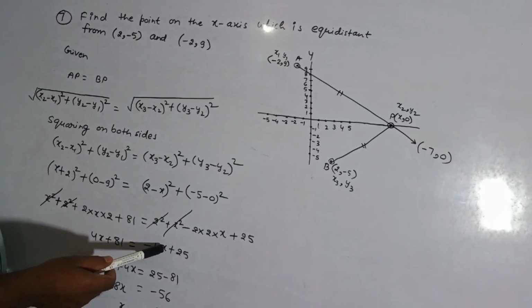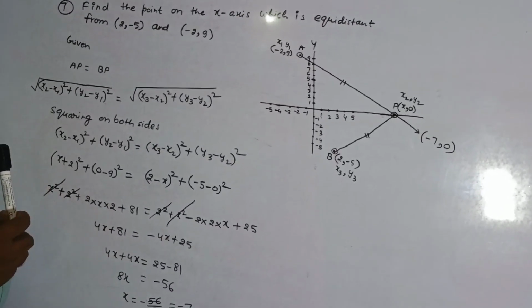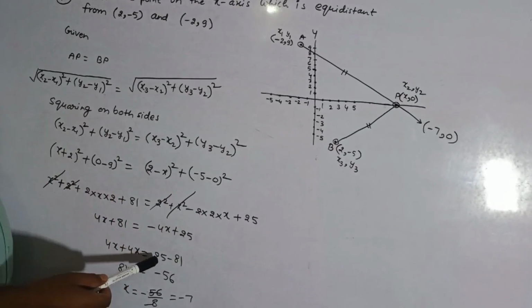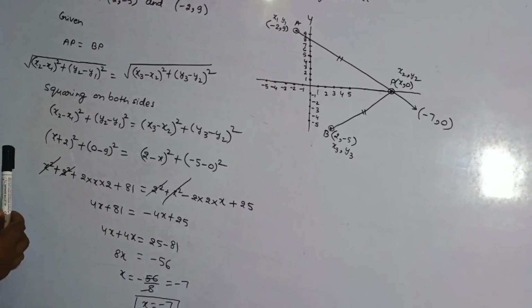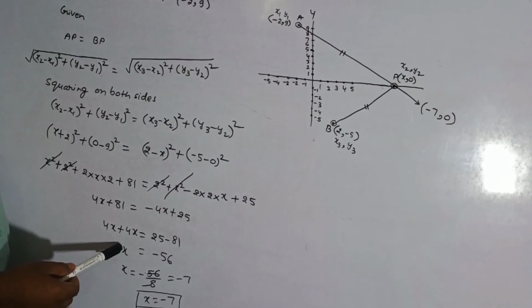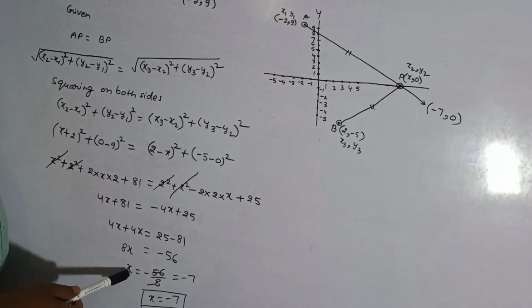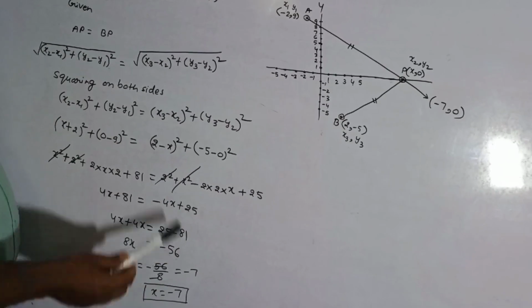We are transposing minus 4x to the left hand side, so 4x plus 4x, and 81 to the right hand side. 25 minus 81, so this is minus 56, and 4x plus 4x is 8x. 8 is in multiplication, so we can write it in the denominator of minus 56, x is equal to minus 56 upon 8, so this is minus 7. The value of x will be minus 7.